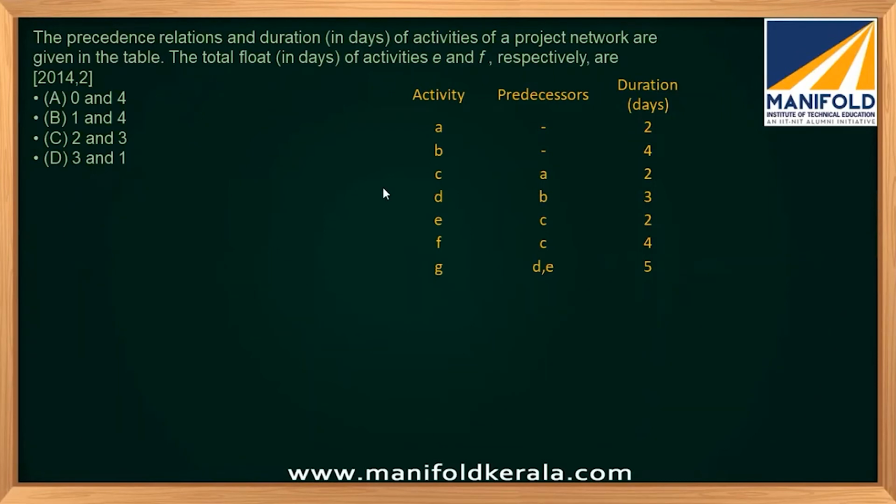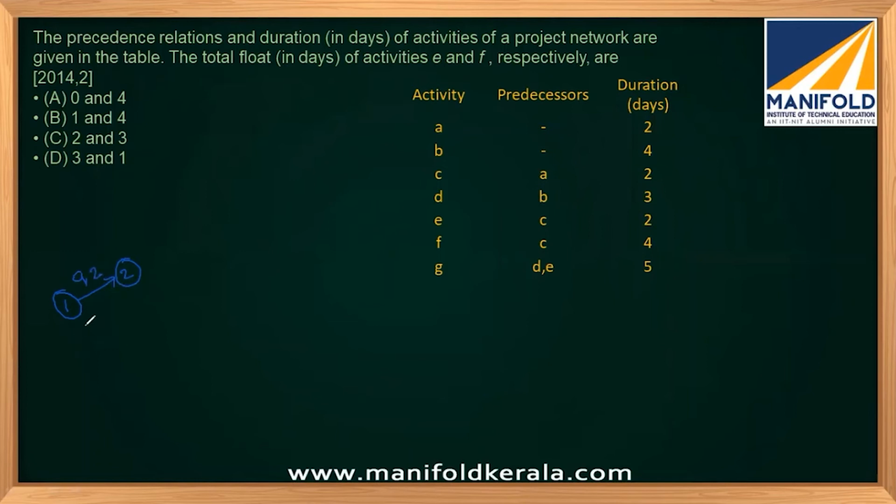So let's draw the network. So this is my starting node 1. Then A does not have any predecessor, so let's put A here. Let it be node 2. This is A of duration 2.